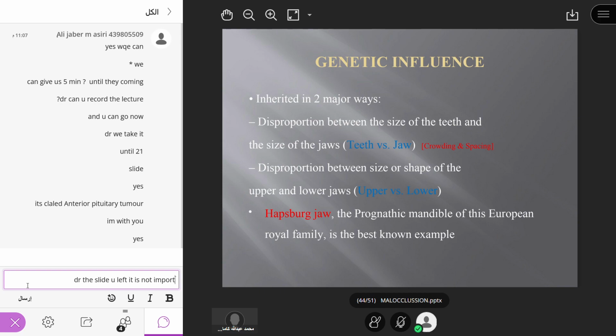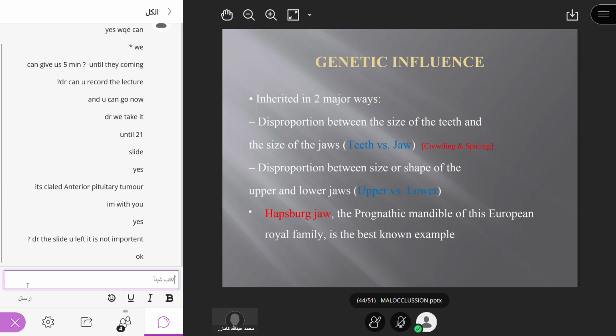Now, the other heading is genetic influences, inherited in two major ways: disproportion between the size of the teeth and the jaws. No, it is also important, but I already explained. The slide had anodontia, oligodontia, and hypodontia. Okay, inherited in two ways, either the teeth or the jaw.